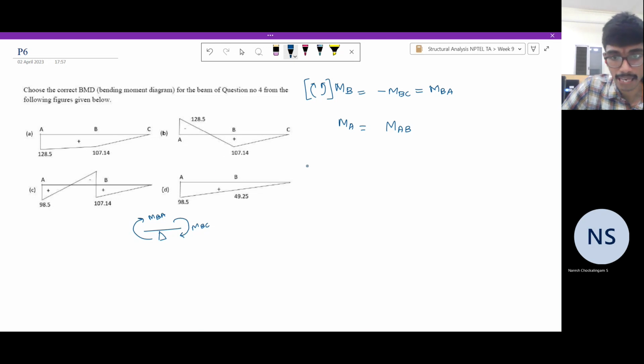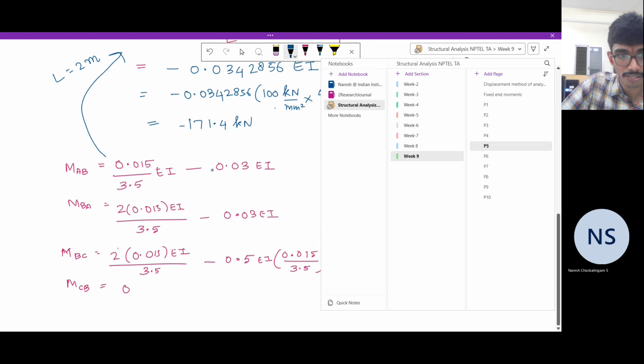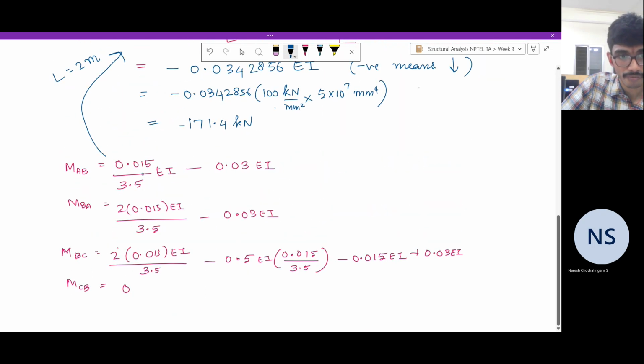So let us determine what is MBA. MBA is equal to, use this expression. We already have this, so just evaluate this.